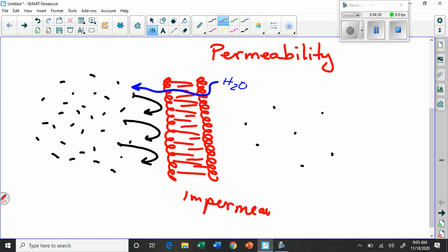Impermeable, which means it is not letting the black solute through. But water, no membrane is impermeable to water, really. Not really any sort of biological membranes, because water is a small molecule. I suppose if you had a piece of saran wrap, well, that's a membrane that's impermeable to even water, right? Water can't go through it. But in real life, in biological systems mostly, they're all made of these membranes which will allow water through.